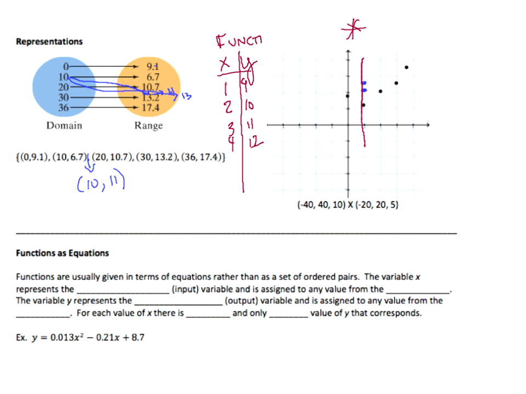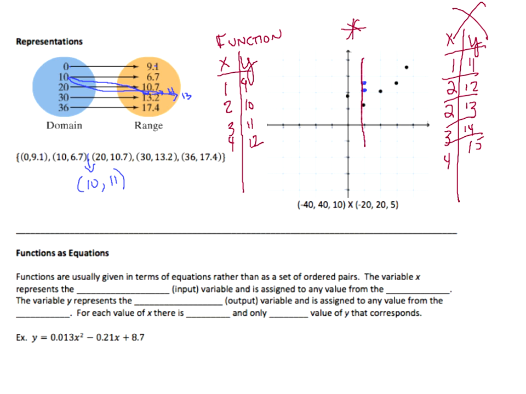I've sent each input to one and only one output. However, if I have something that looks like this, 1, 2, 2, 3, 4, and 11, 12, 13, 14, 15, this is not a function. It's not a function because you can't tell me where 2 goes, that single place that 2 goes to, because it's sent to 2 different places.